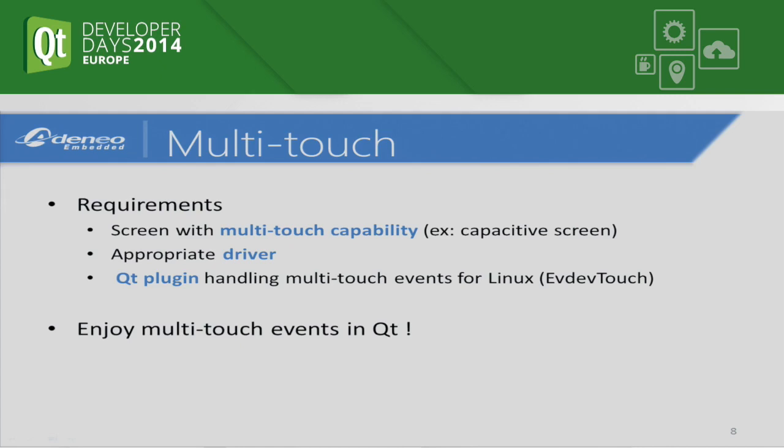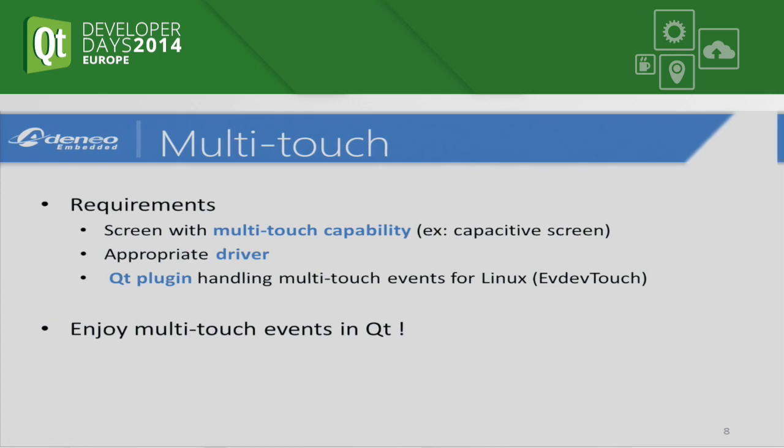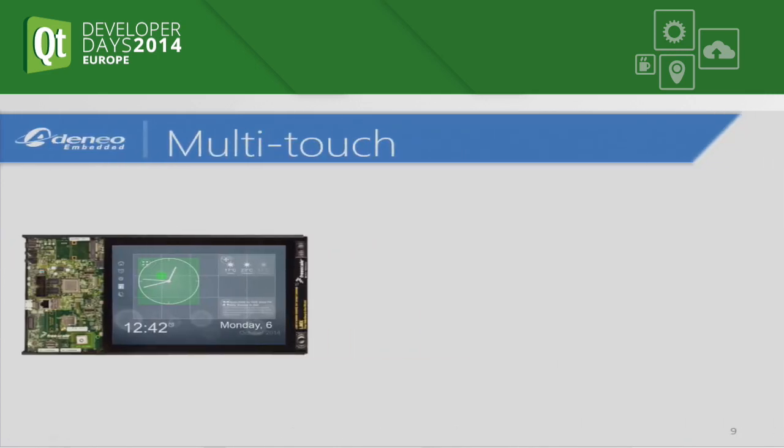The first one is TSLib, the second one is FDevTouch, and TSLib has no real support, at least with the Qt plugin, for multi-touch, so you have to use this one. And when everything is set up, you can enjoy multi-touch events in Qt and worry about the rest of the work.